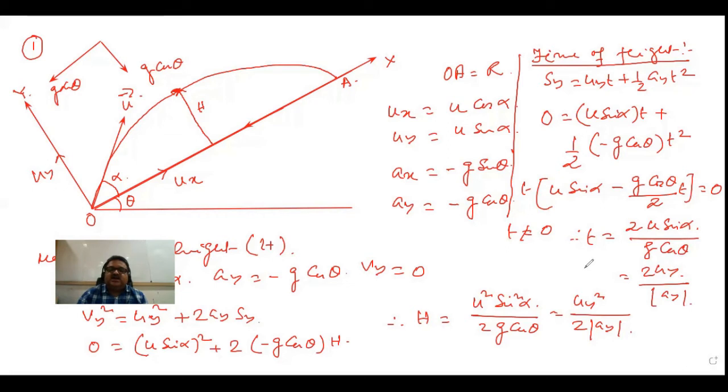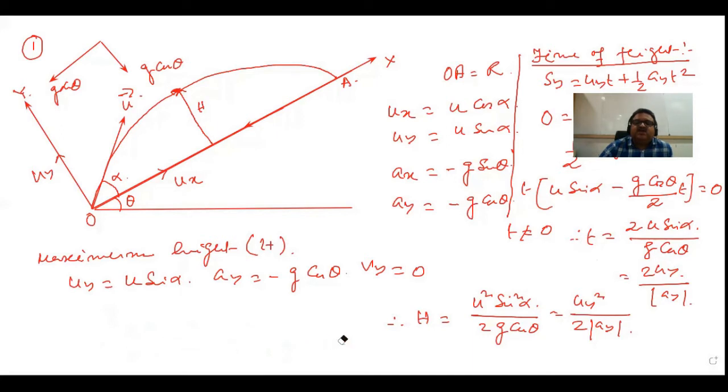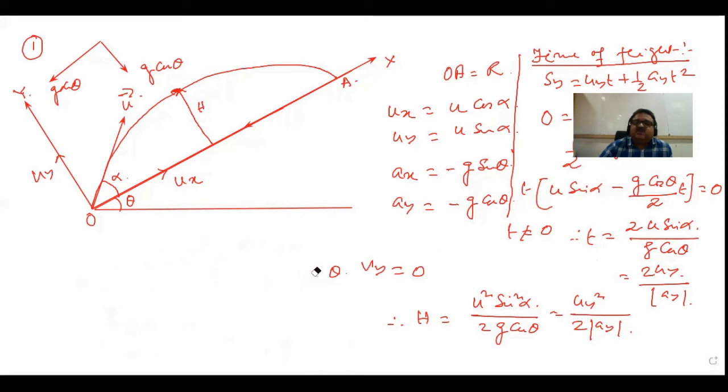Correct? Now, at last, what we need to find out? The range. Clear? What is range? For range, we have to apply the formula for motion along the x-axis. The difference is that motion along the x-axis is not a uniformly accelerated motion, so we have to do it like this.